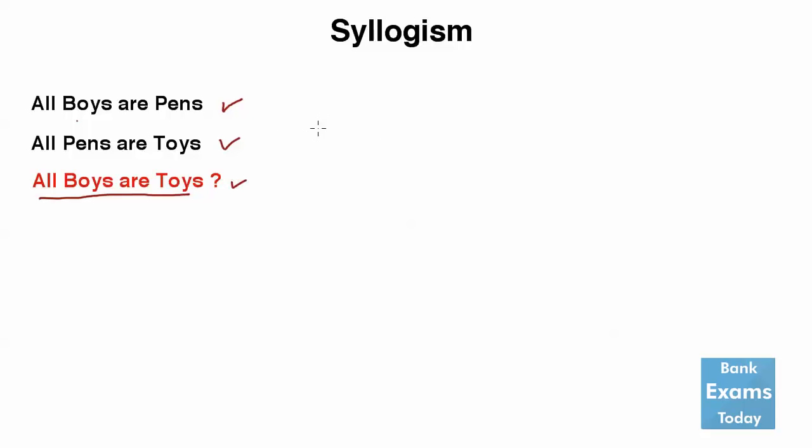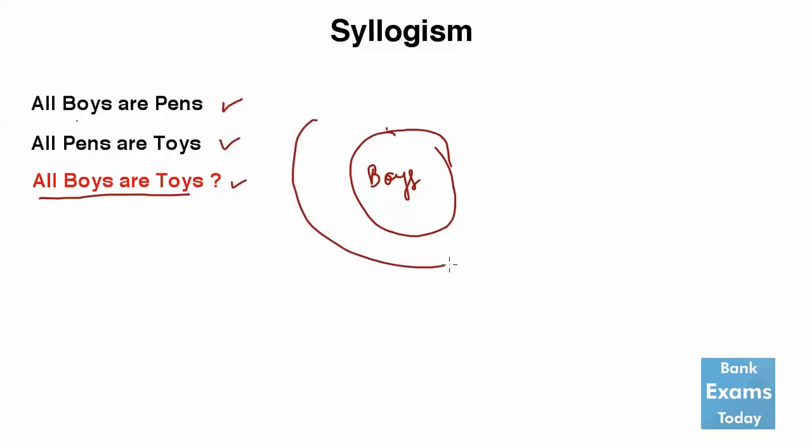So we will solve this question using the circle method. We will draw the circle for each of the statement and then find the conclusion. First of all, this is the circle. All the boys are pens.